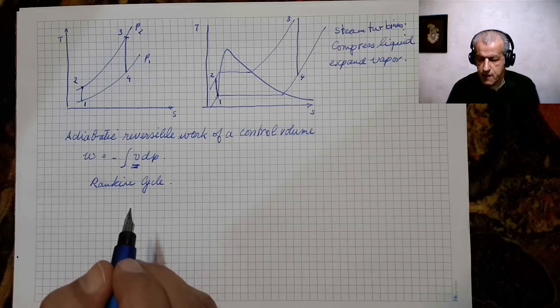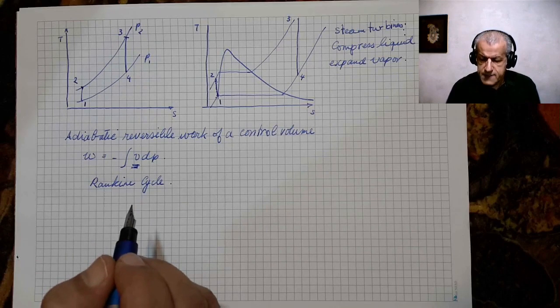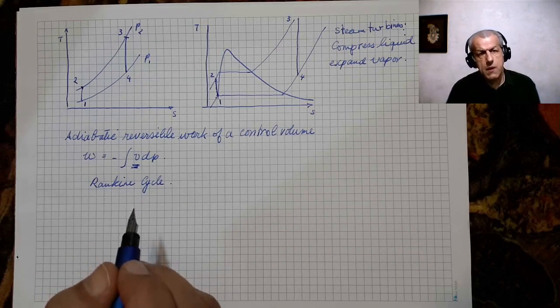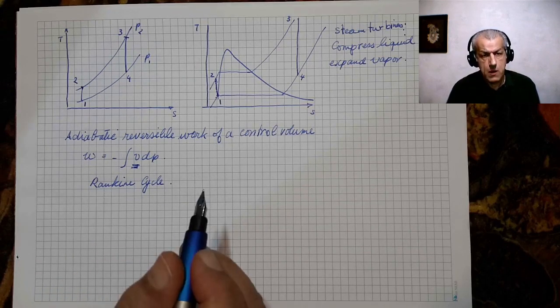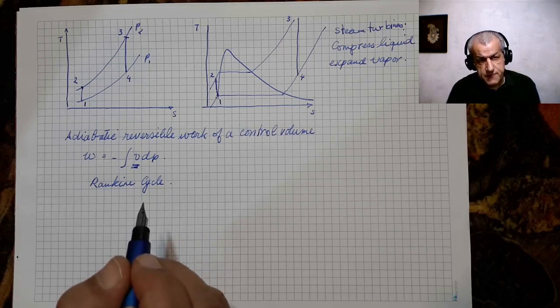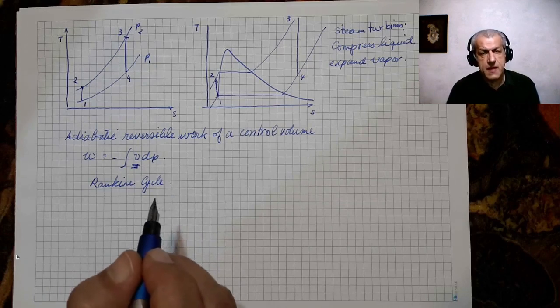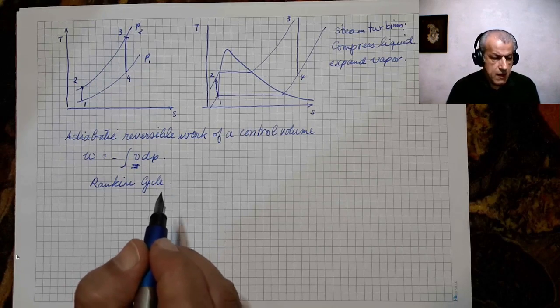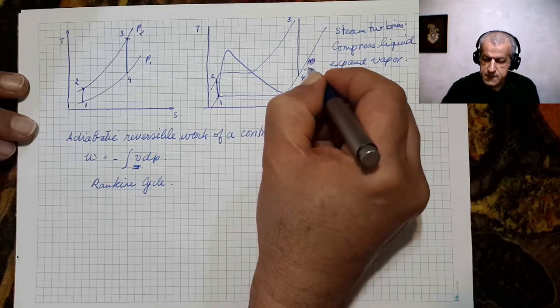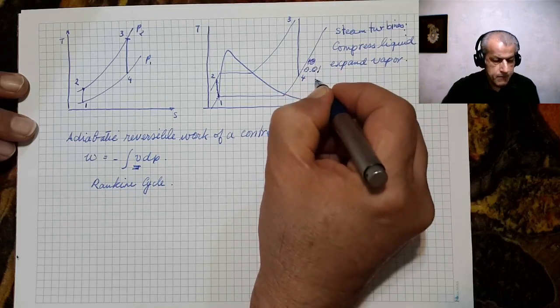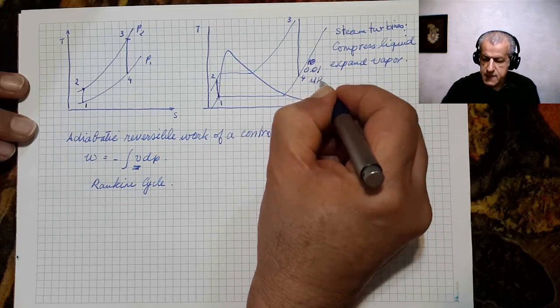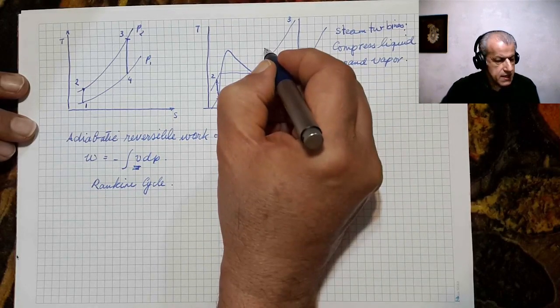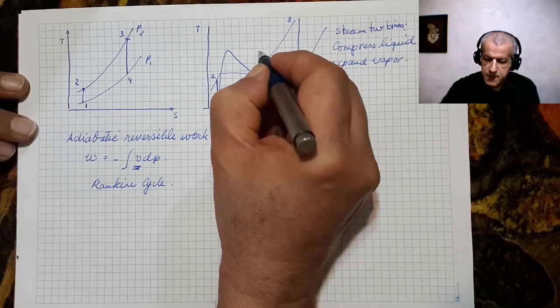Okay, now, as an example, just to show the work of a standard steam cycle and a Rankine cycle, we just select one problem where pressure here is 0.01 megapascals and the pressure here is 10 megapascals.